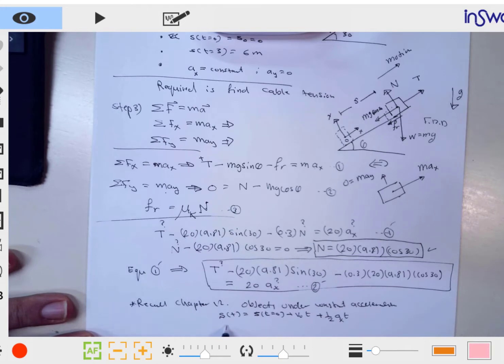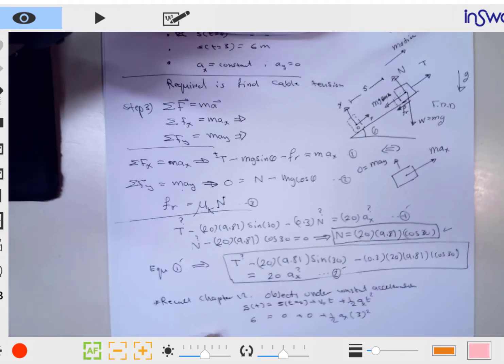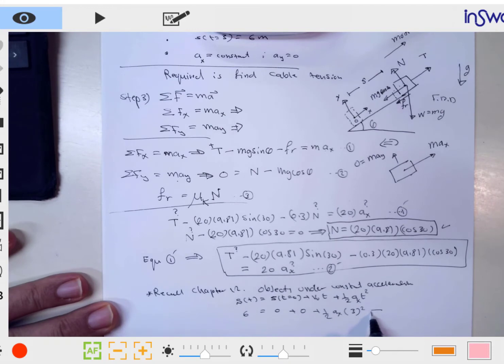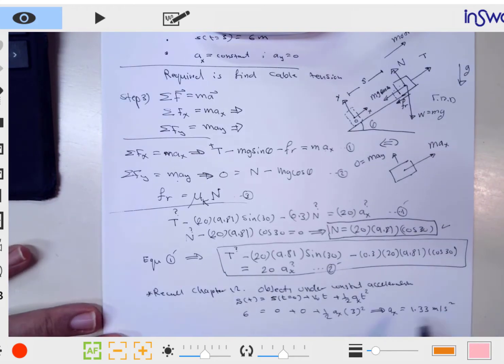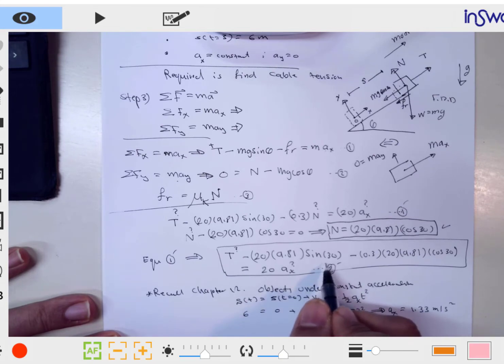It travels 6 meters with an initial velocity of 0 and unknown acceleration, but that takes a time of 3 squared, right? So from here we can calculate the acceleration in x equal to 1.33 meters per second squared.